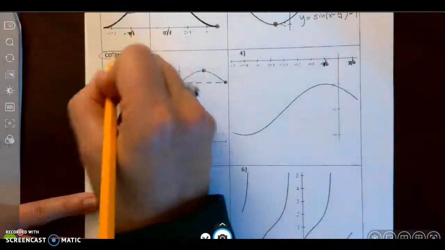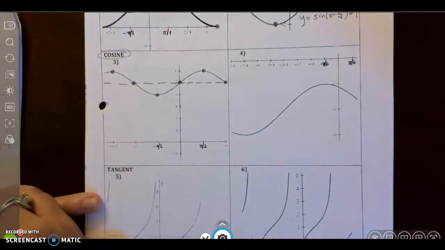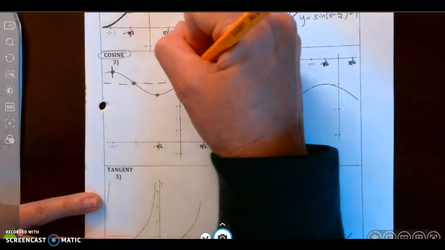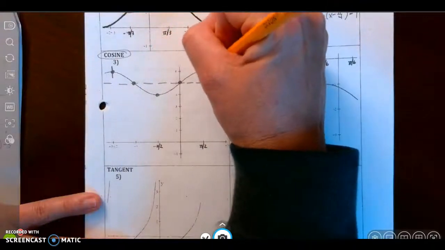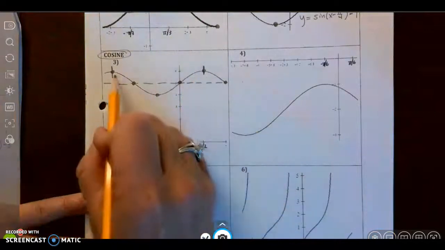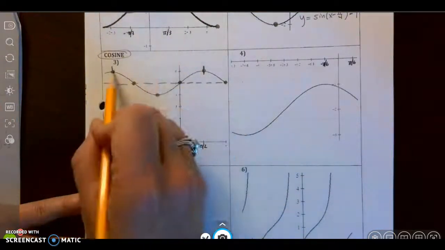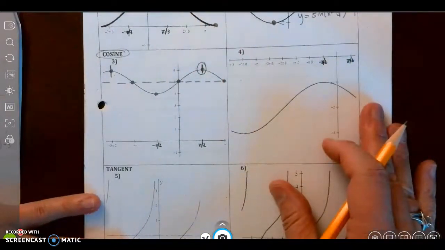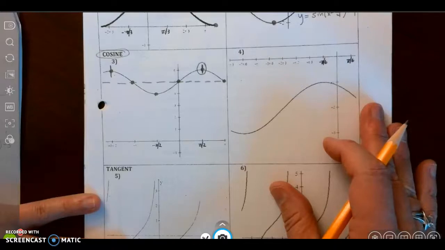Now I'm focused on cosine. Cosine starts at a high and goes down. High goes down, high, and goes down. Well, which of these is closer to the y-axis? This one right here. Okay, so now I'm ready to write my translation rule.